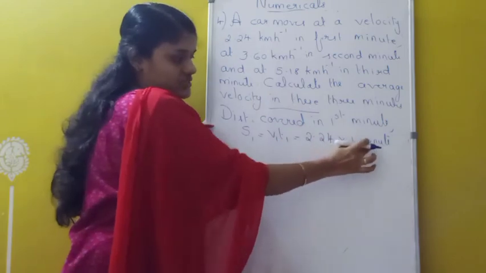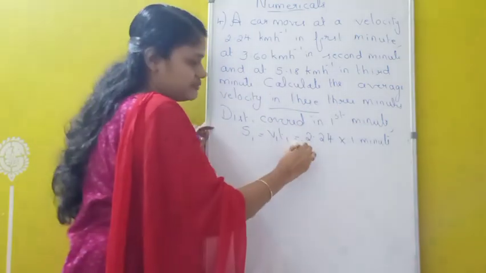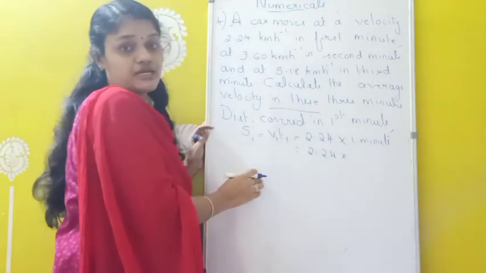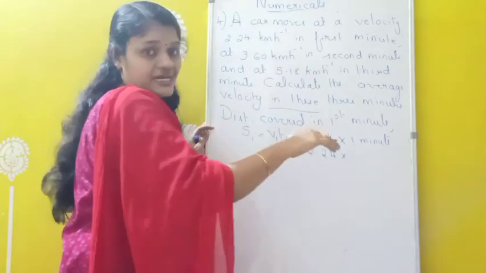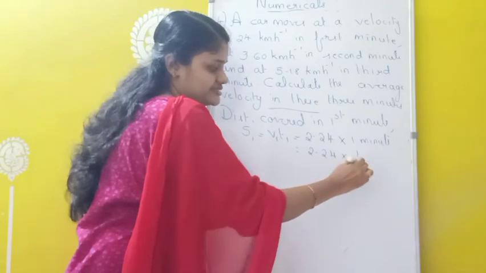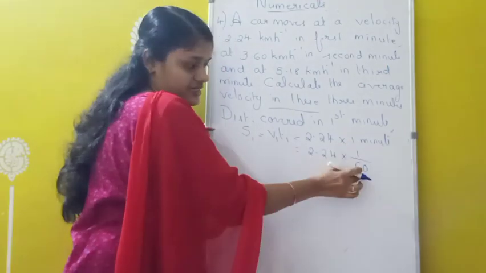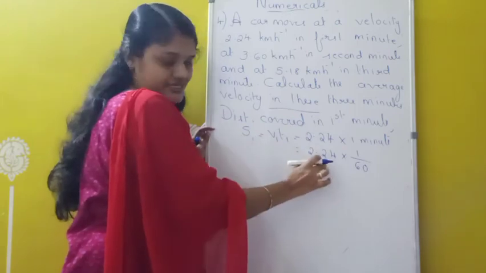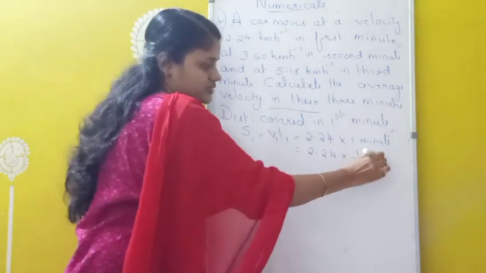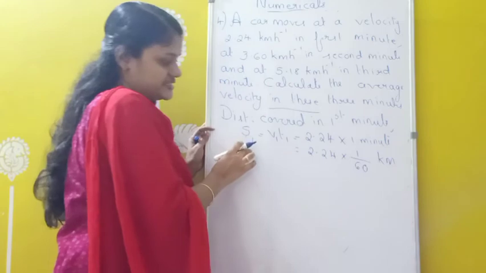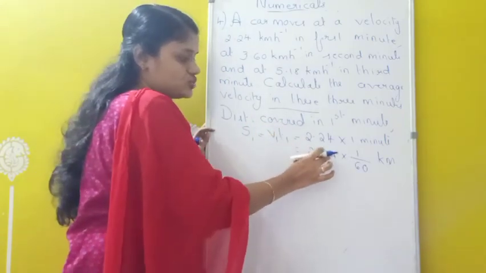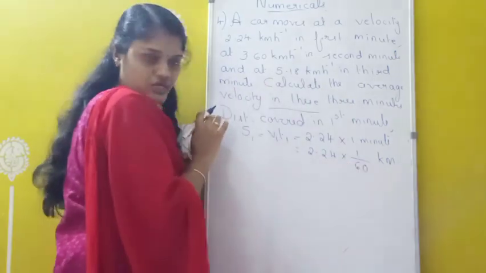So 2.24 into 1 minute, how will you convert into hours? Dividing by 60. So 1 by 60. Now this time is in hours, and here we are finding distance, so the unit is kilometer. So in the first 1 minute, the distance is 2.24 into 1 by 60 kilometer.